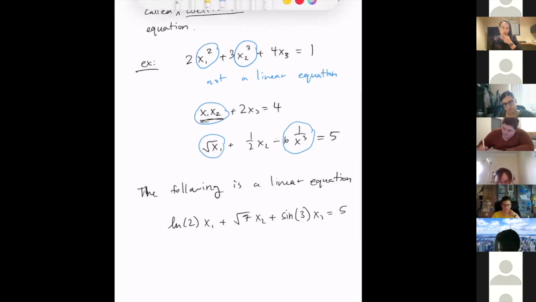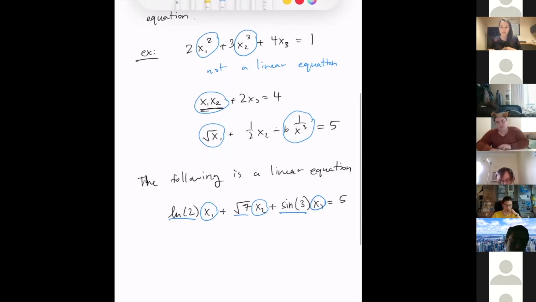Even though these constants look a little strange, they are still just numbers. They're real numbers. So these are fine to be constants since our variables are just plain by themselves. We just have x1 times a constant, x2 times a constant, x3 times a constant. That's fine for a linear equation. You just have to look at the variables and make sure nothing strange is going on with them. Then you have a linear equation.